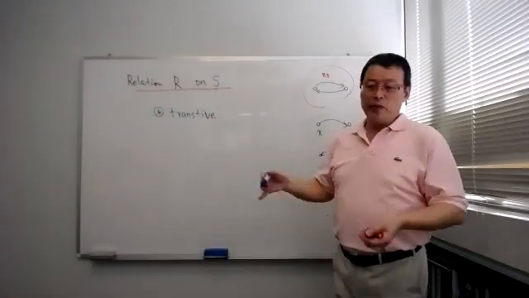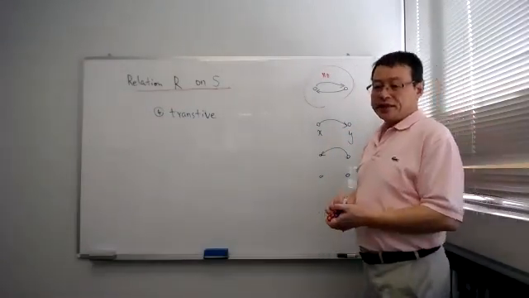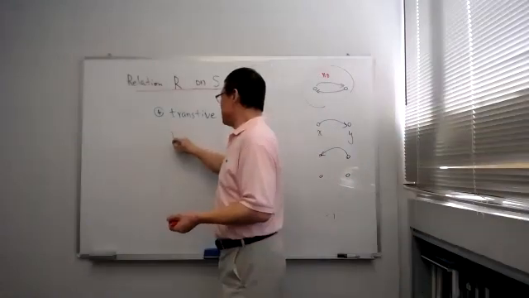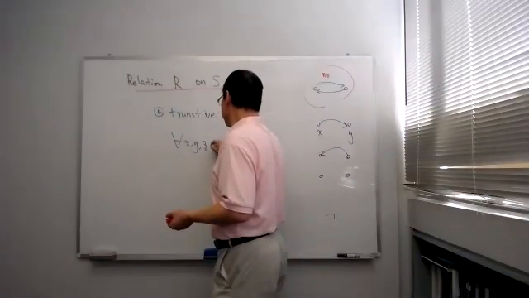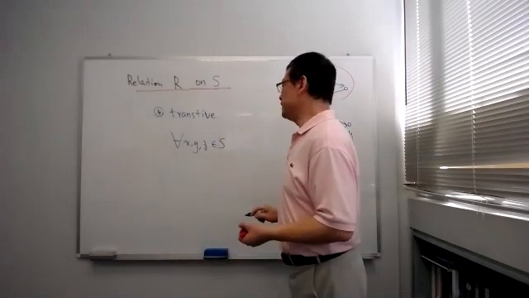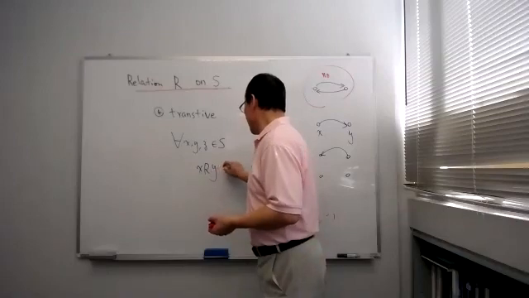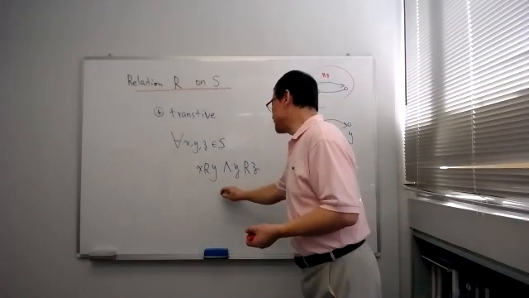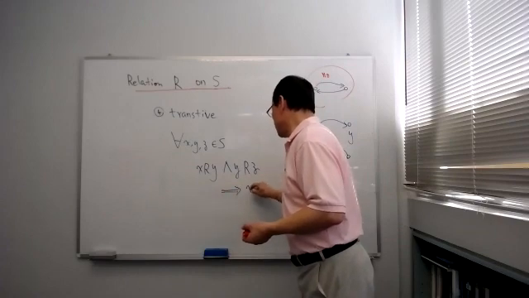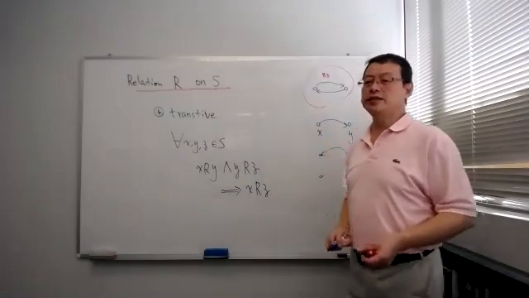Dealing with transitivity, what it means, now we deal with three elements, x, y, and z inside X. What happens is if x is related to y and y is related to z, then we must have that x is related to z. That's called transitivity.